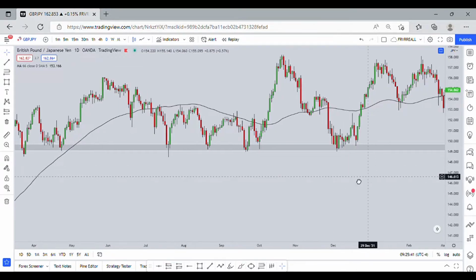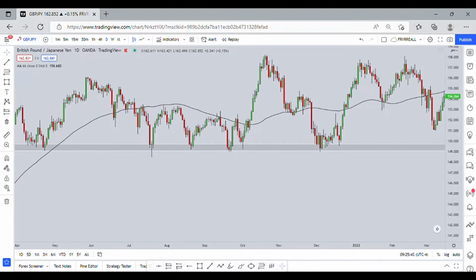If price is showing you exhaustion towards the downside, if price is coming down and then up again, that simply means that it doesn't have any more power to go down. It doesn't have any more momentum to keep going in that direction, and all you have to do is find a nice entry in the opposite direction.